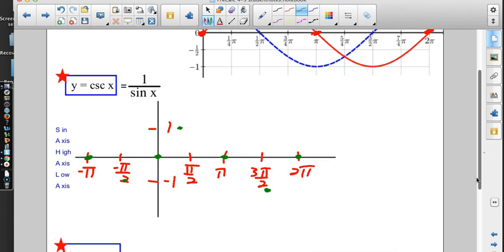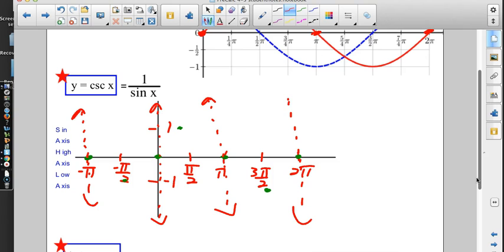So what we just found by putting what we know about sine in there is where our vertical asymptotes are going to be. So we go back and say, well, if sine is 0, this is going to be an asymptote. This is going to be an asymptote. So will that, and so will that. And the position of our lovely dots, high or low, tells us where our branches need to be.